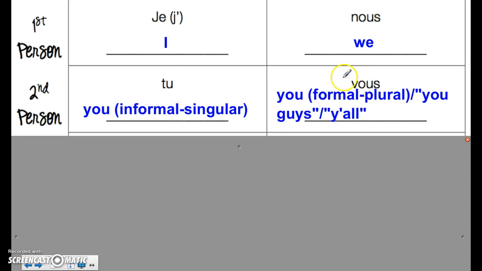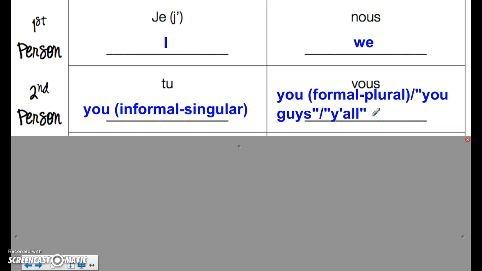If we're going to use it in the formal sense, we're going to be using it as singular. If we were talking to maybe a boss or the principal, or if you were going to meet the president, you would want to use the vous form because that would be the formal side of it. It can also be the plural form of you, which translates in English more to words like you guys or y'all. I like to say y'all because I think it's easier to remember in terms of a definition for vous.